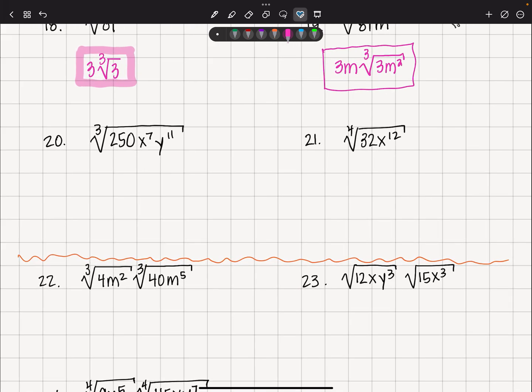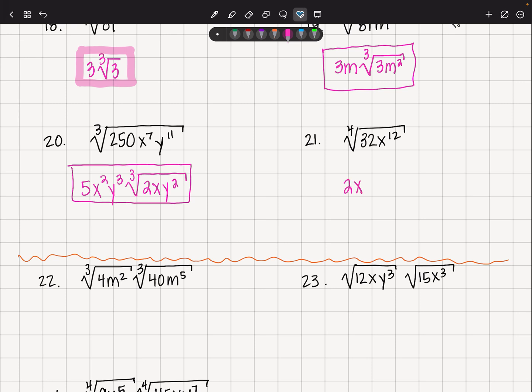For number 20, we would have a 5x squared y cubed times the cubed root of 2x y squared on the inside of that radical. And on 21, we would have 2x cubed times the fourth root of 2.